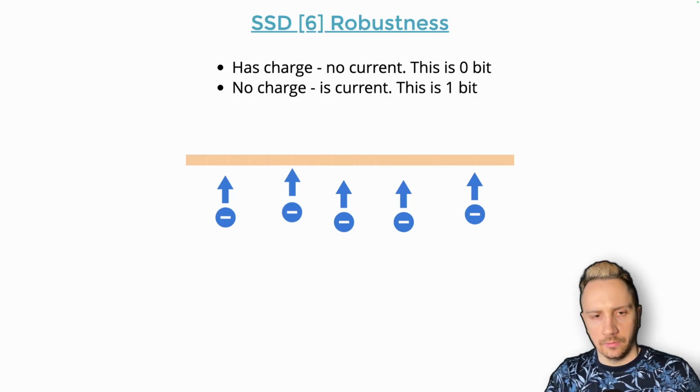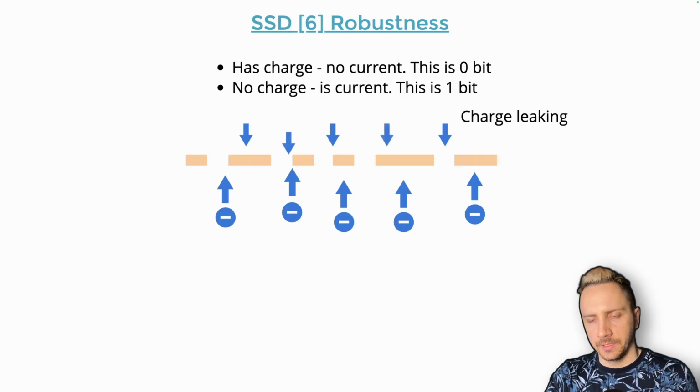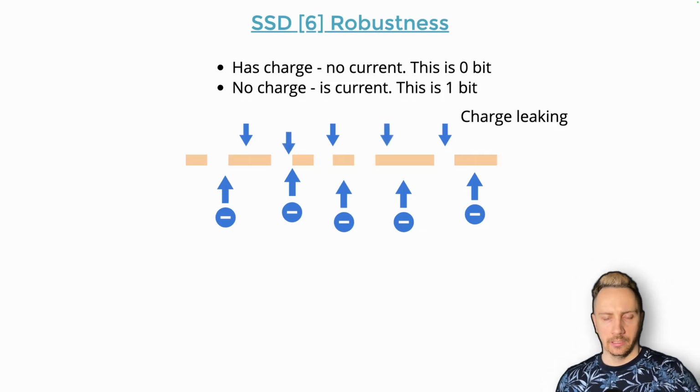Which means, after a while, the charge might simply start leaking from SSD cells. The electrons eventually will start escaping, they will get trapped inside the dielectric in some holes, and at some point the flash cells might be simply unable to hold the charge.